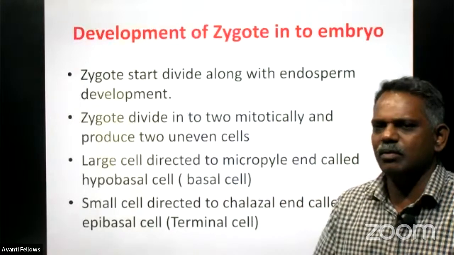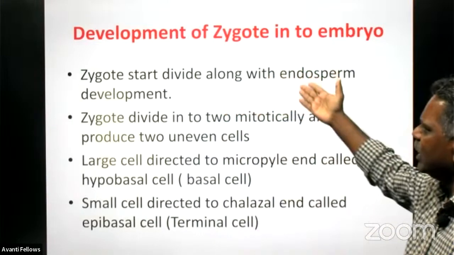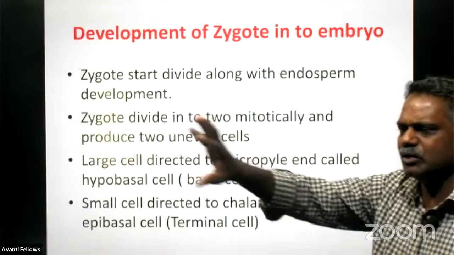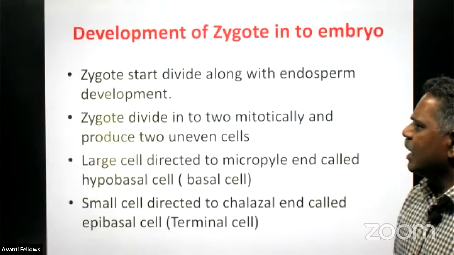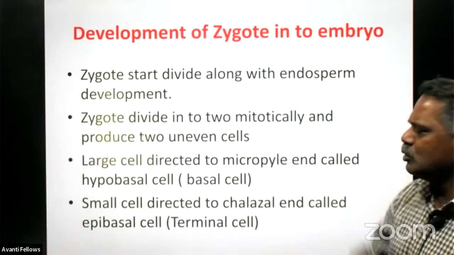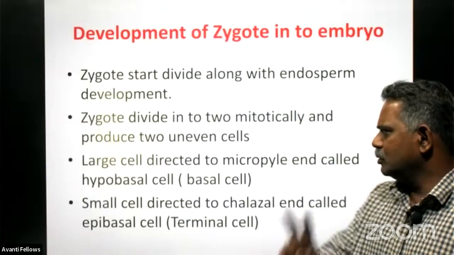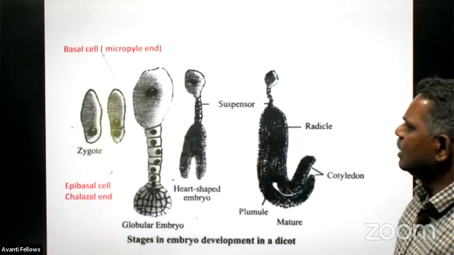See, the zygote starts dividing along with the endosperm development. After the development of the endosperm and storage of food, the zygote starts dividing. Initially, it divides into two mitotically and produces two uneven cells. Here you can see two uneven cells.